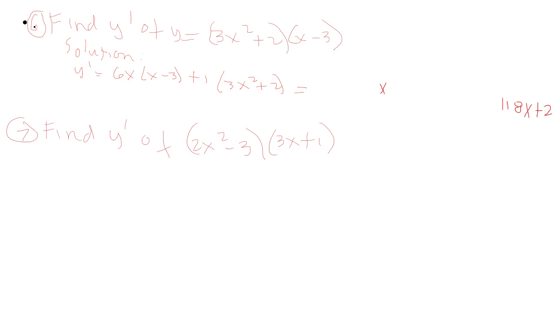Simplifying, that becomes 6x squared minus 18x plus 3x squared plus 2, or simply 9x squared minus 16x plus 2.